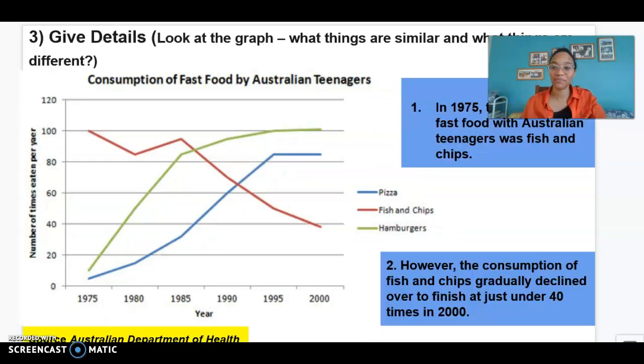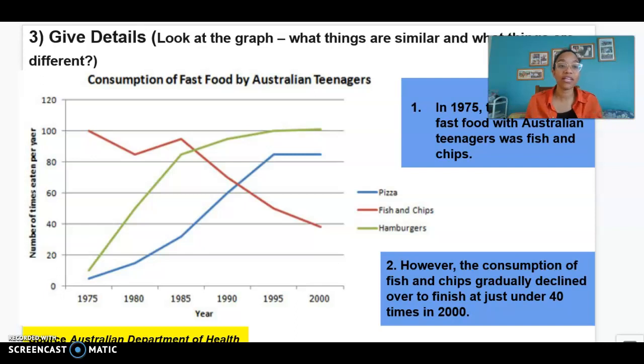Let's keep going. Now we're going to go into the details. We're going to look at the graphs and point out the details that are similar and the details that are different. So let's get started with those detail sentences. In 1975, the most popular food with Australian teenagers was fish and chips. However, the consumption of fish and chips gradually declined to finish at just under 40 times in 2000.